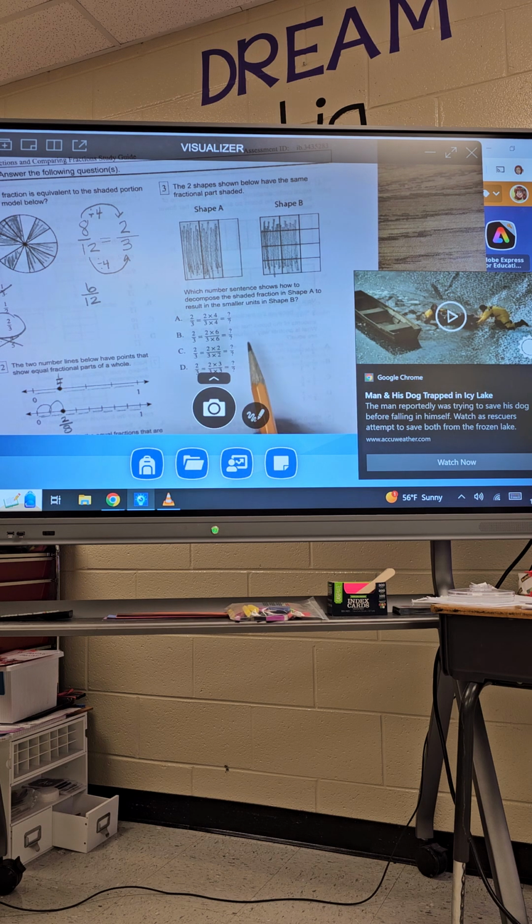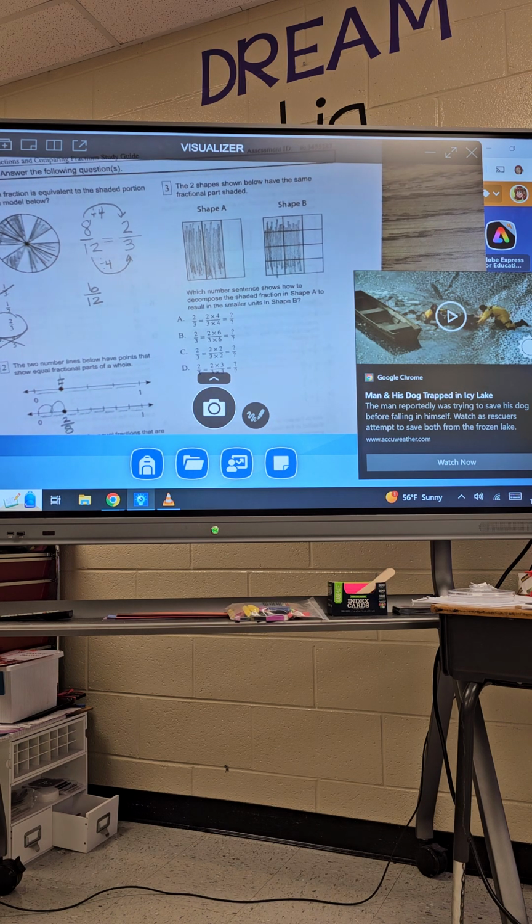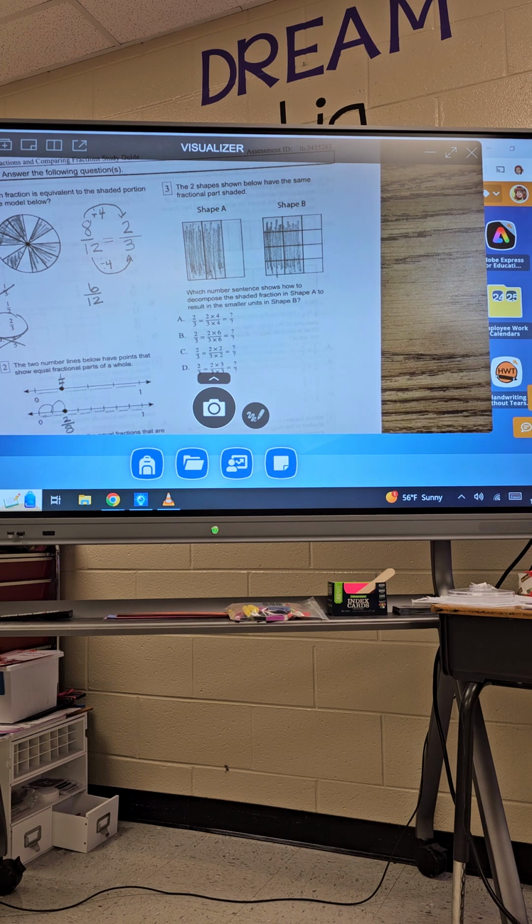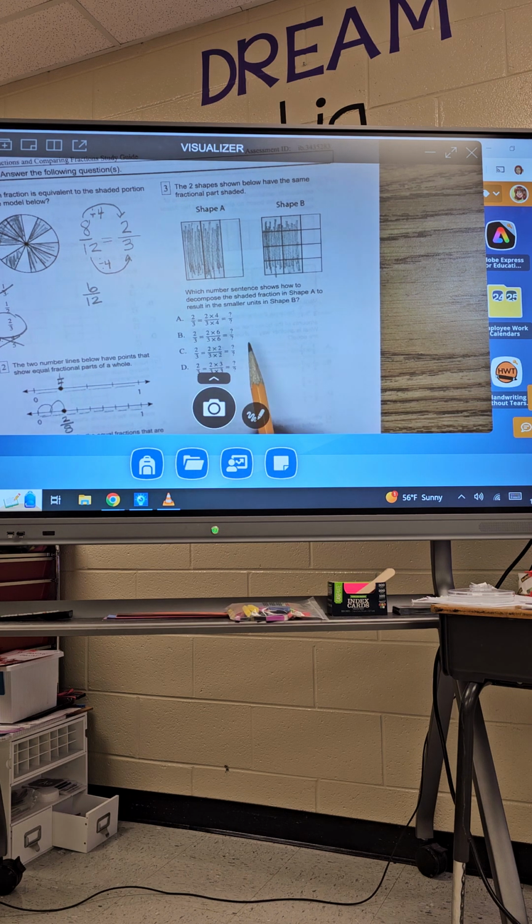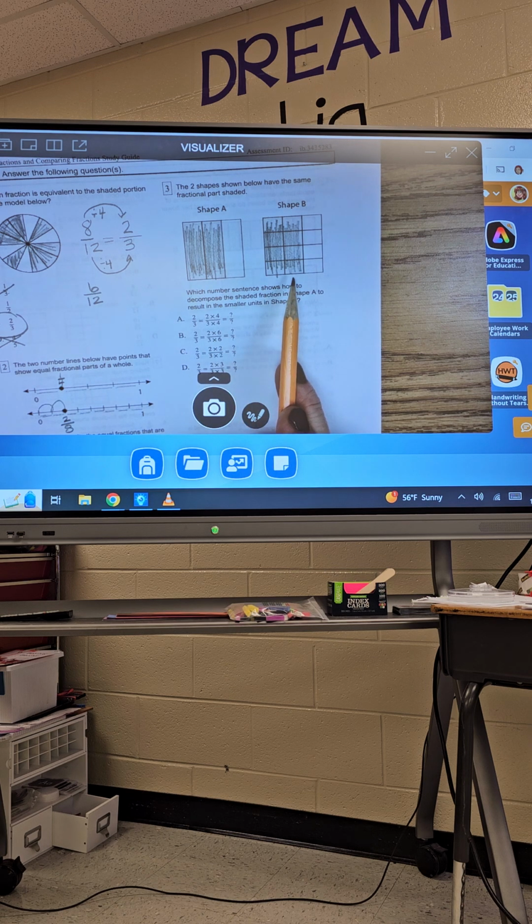2/3 is equal to what number that represents 1. So I have to find the number over itself that equals 2/3. Does 2/3 times 4/4 equal what I have over here?